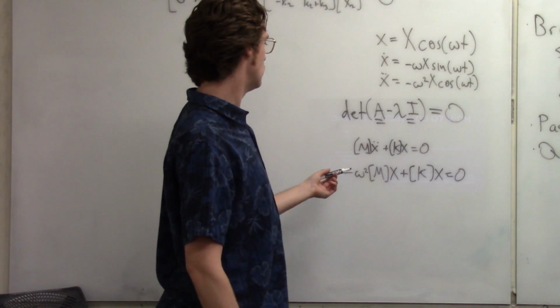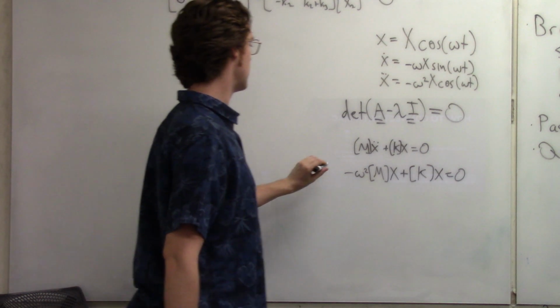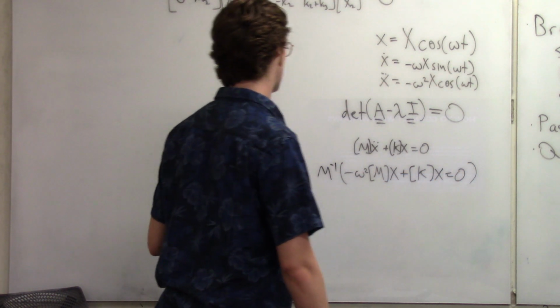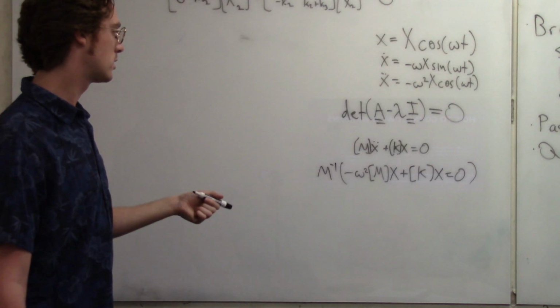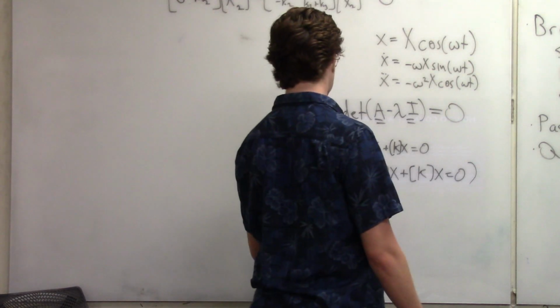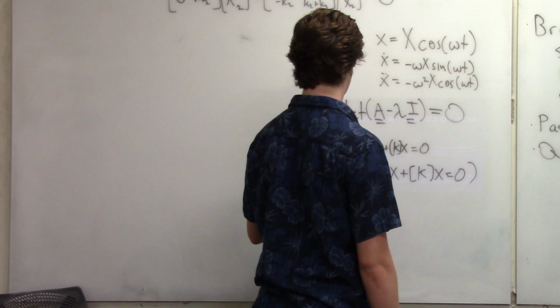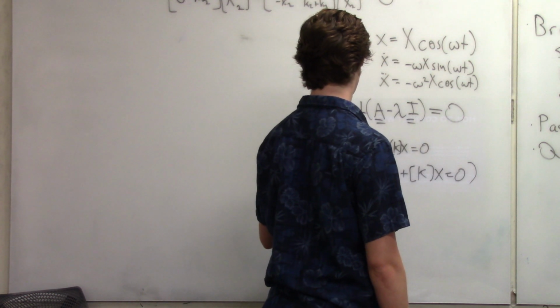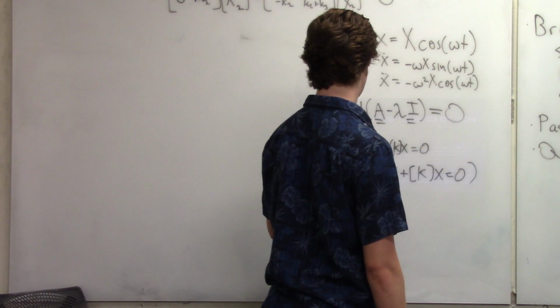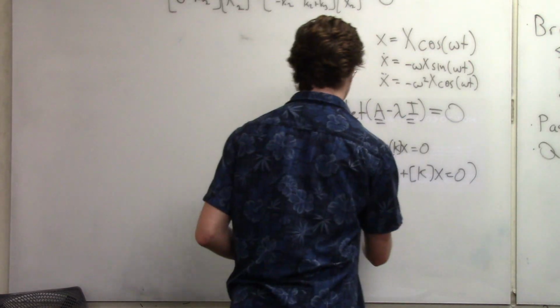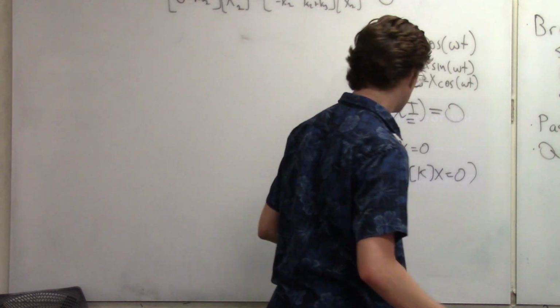And what we can do now is multiply this entire equation by the inverse of m that we found before. So when we do that, we're going to have negative omega squared X plus m inverse k X equals 0. I apologize for my inconsistency with notation.